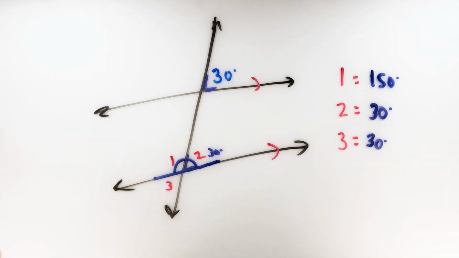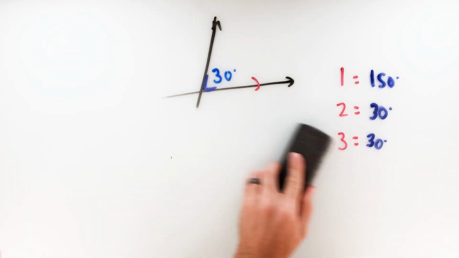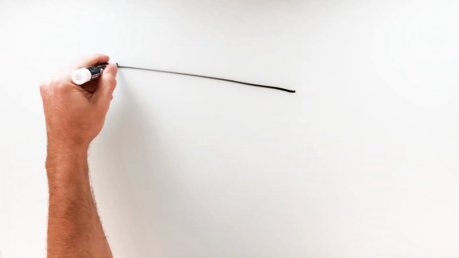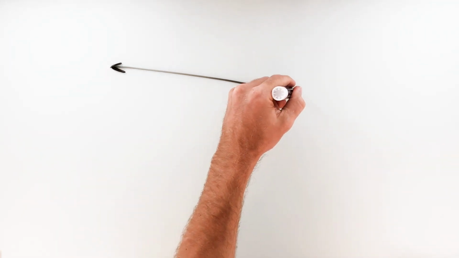Okay, let's do another one. In problems that you're going to see, not always is it going to look like just 2 parallel lines and a transversal. Sometimes they hide them in a situation.